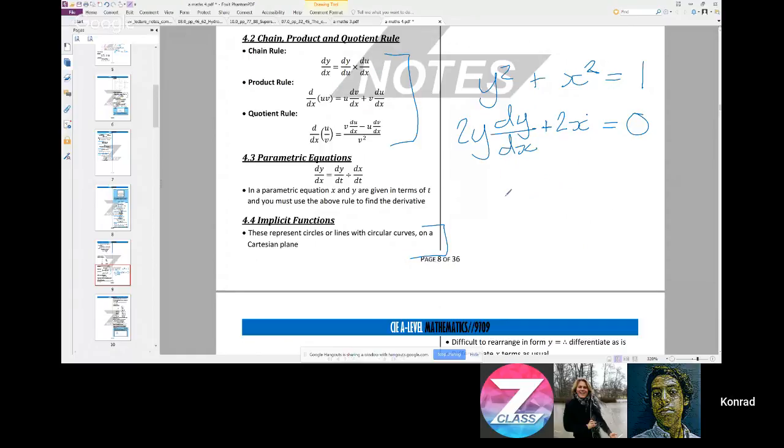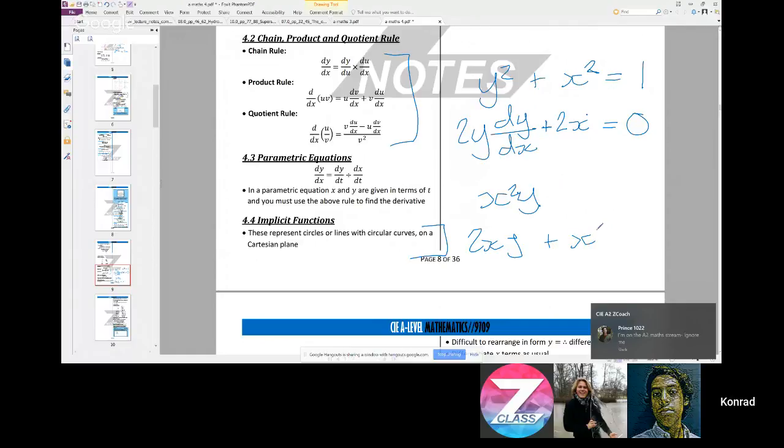So frequently they might have something like, differentiate x squared y, right? So then you have to do your product rule on top of this, right? So you're going to get 2xy plus x squared dy by dx.